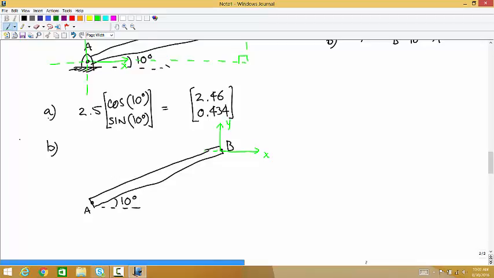This pretend temporary coordinate system. What you have to recognize is that this angle is 10 degrees.